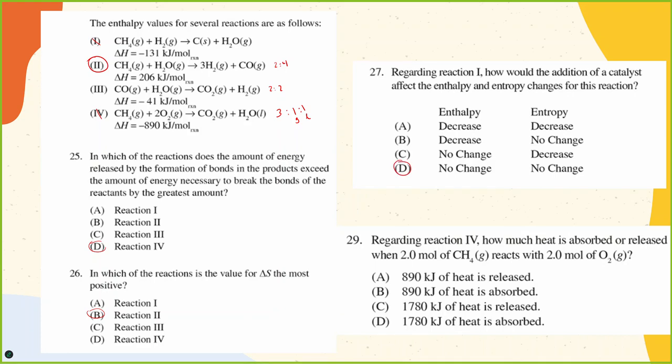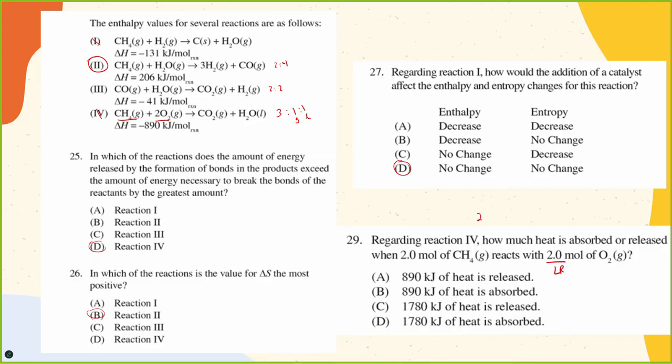Regarding reaction 5, how much heat is absorbed or released when 2 moles reacts with 2 moles of oxygen? So 2 moles of this one with 2 moles of that one. I believe since we're consuming 2 moles of oxygen to 1 mole of the methane, this one's going to end up being limiting.